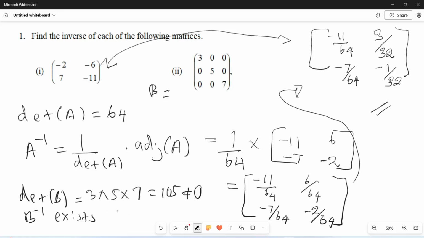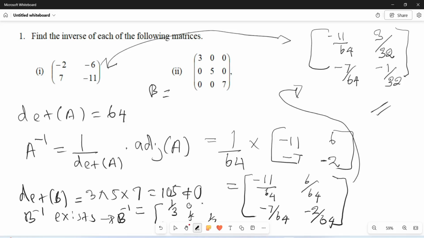Okay, then how do you find out the inverse? We are getting B inverse is just reciprocating the diagonal value. That means you can get it like this way: 1 over 3, and this is 1 over 5, and this is 1 over 7.